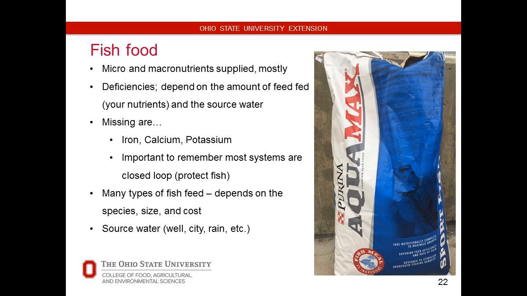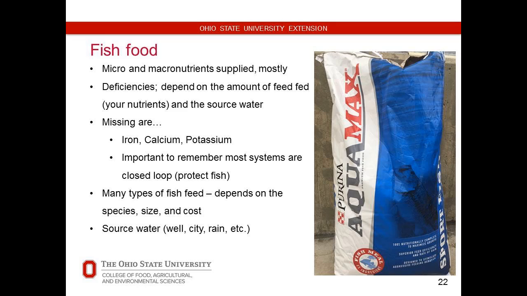A lot of that will depend on your source well water. Your source water also depends on the type of plants. If you've got something like a red or green leaf lettuce, which we have a lot of back there, those are a lot less nutrient demanding than some of your others. If you get a tomato or something that demands a lot more of a specific micro or macronutrient, you might find that with red and green leaf lettuce you're just fine because whatever source water you have is supplying enough nutrients in addition to the food you're feeding your fish.